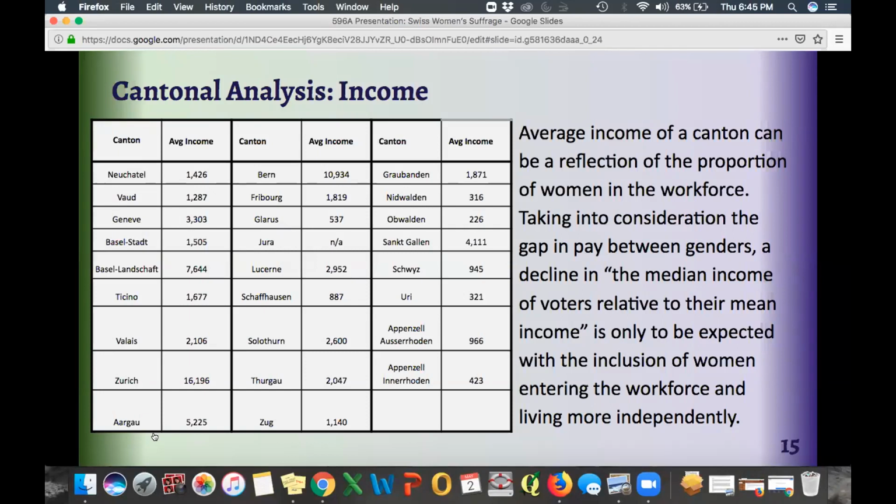So taking into consideration the gap of pay between genders, as well as the fact that women of the mid 1900s received less opportunities for training in higher paying positions than men, an increase of women in the workforce would lower the median income for a canton. Therefore, more women living independently and working to support themselves, being a precursor to female enfranchisement in a canton, could be represented by a lower average income in that canton overall.